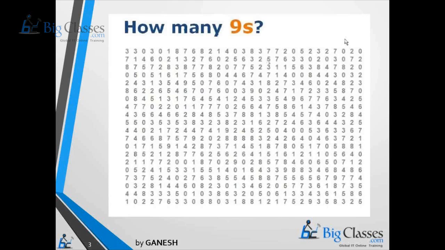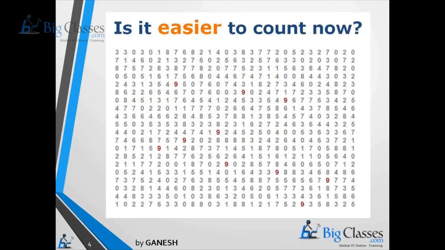Look at this graph, this image. Can we identify the number 9 very easily? It is very hard to identify. You can identify it, I'm not denying that, but it is very hard to identify that specific number 9. But with the introduction of Tableau visualization tools, we can easily identify it. Here we go.